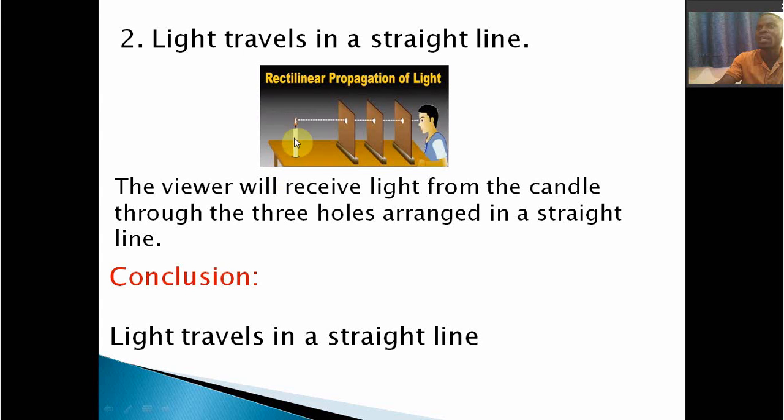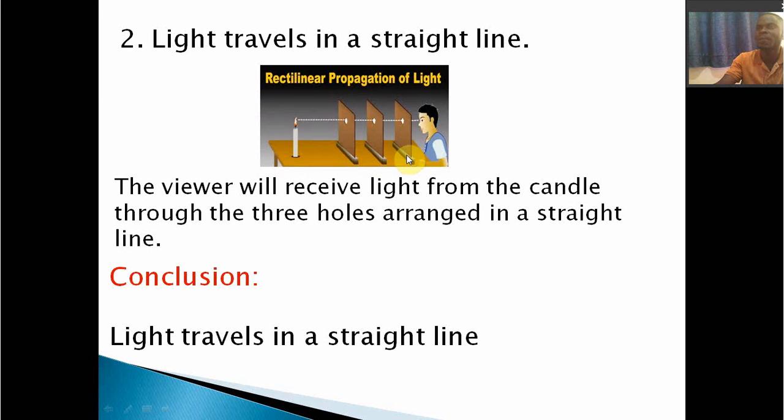I want you to take a close look at this diagram. We have the candle right here, and we have also three cardboards. These three cardboards have holes on them. Are we together? And they have been placed parallel to each other. This cardboard is parallel to this one, and this one is parallel to this one.